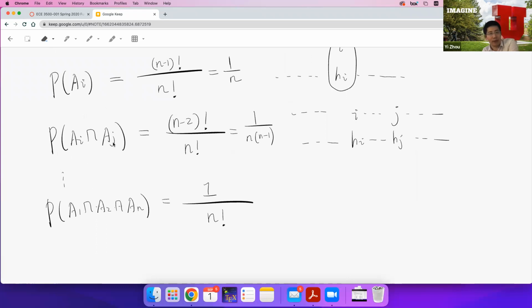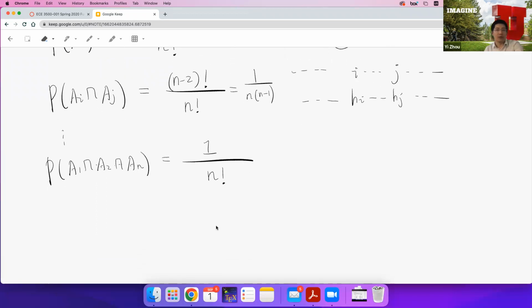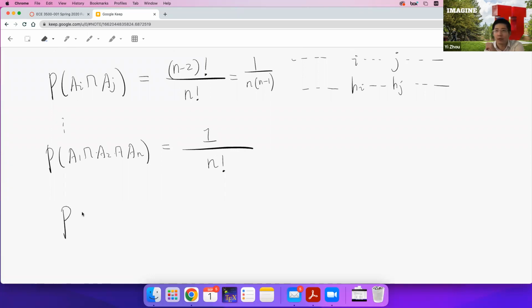So you have the probabilities of all these intersection events, and you can plug them into the inclusion-exclusion formula.